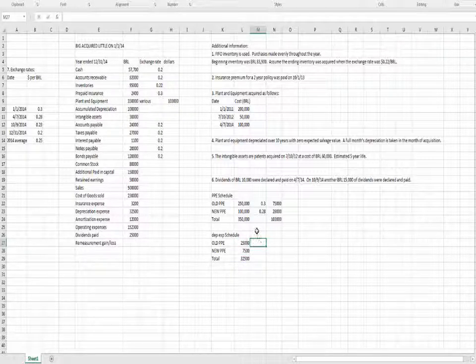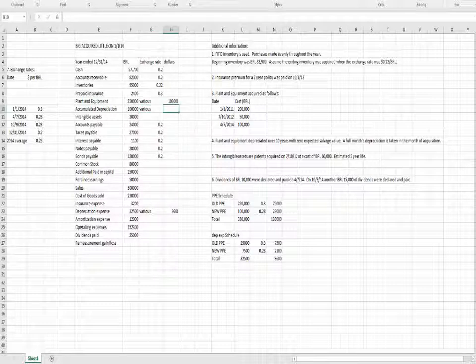And again, we're going to use the appropriate exchange rate to determine the dollar amount of depreciation expense. So dollar depreciation, $9,600. And just as was the case with the asset itself, we have various exchange rates going into that computation.